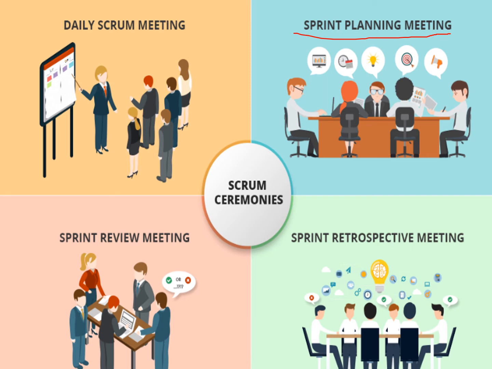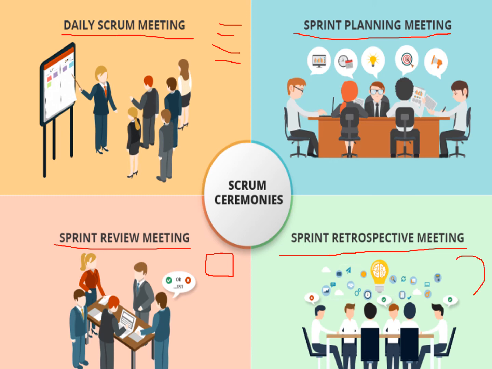Then we have daily meetings just to review the operational daily work of the team. At the end of the sprint, we have the sprint review meeting, which focuses on the accomplished work. And then we have the sprint retrospective meeting, whose main objective is to ensure the effectiveness of the next sprint.